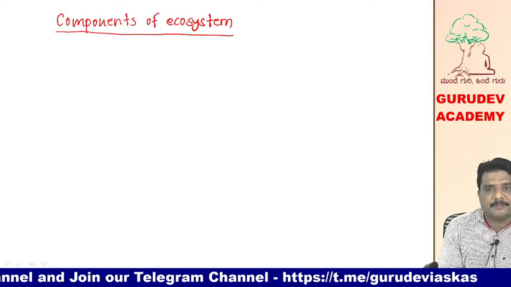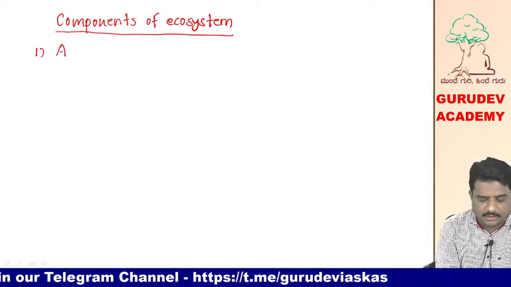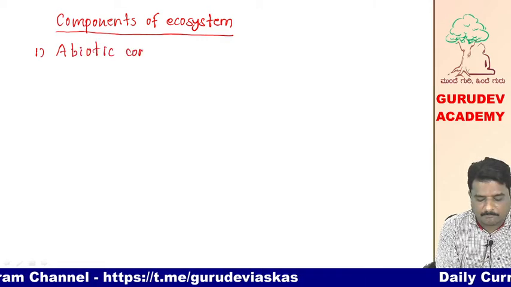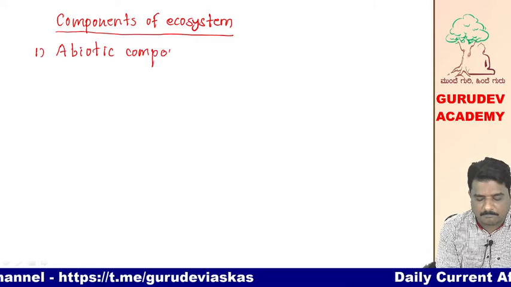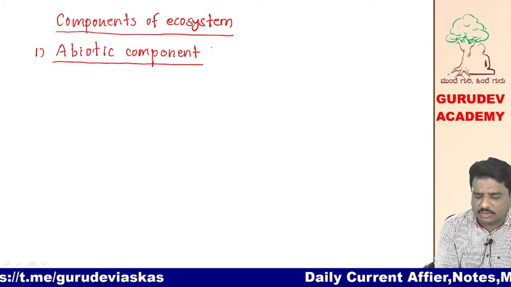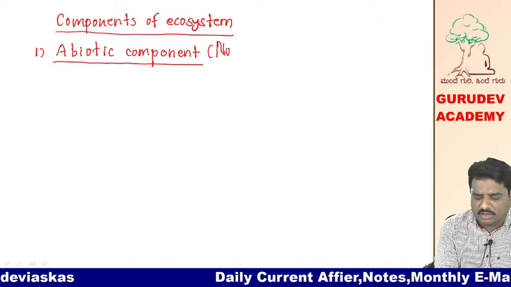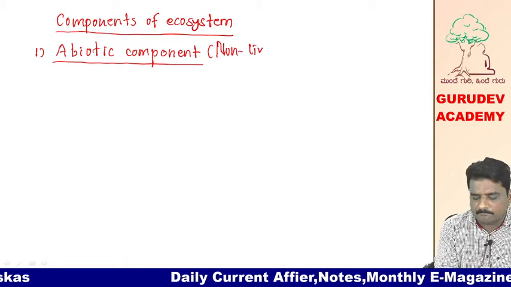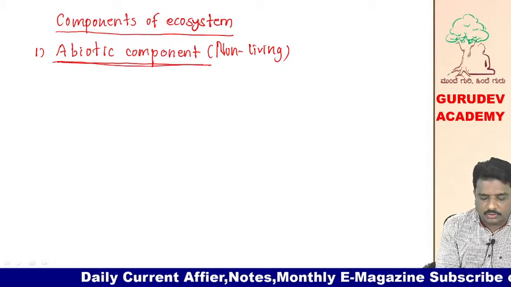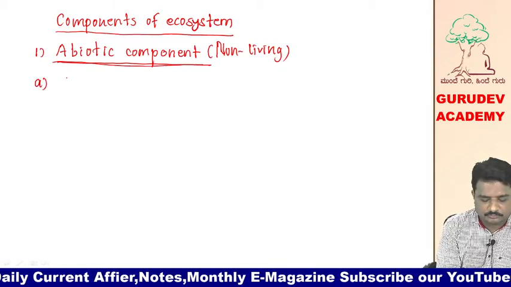I will classify them into two components. Number one, abiotic component. Abiotic component of the ecosystem, abiotic means non-living component. So which are the abiotic components? Number one, soil.